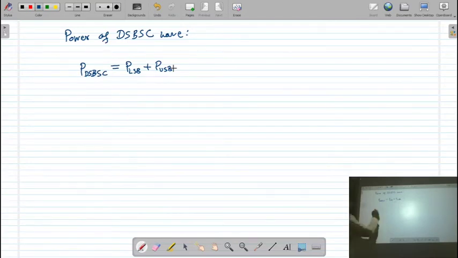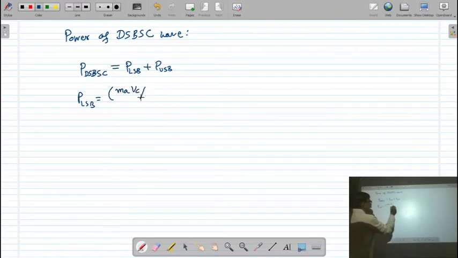Now, if I want to calculate PLSB, then we can use the V square by R relation, and the amplitude of the lower sideband is (maVc/2) whole square divided by R.